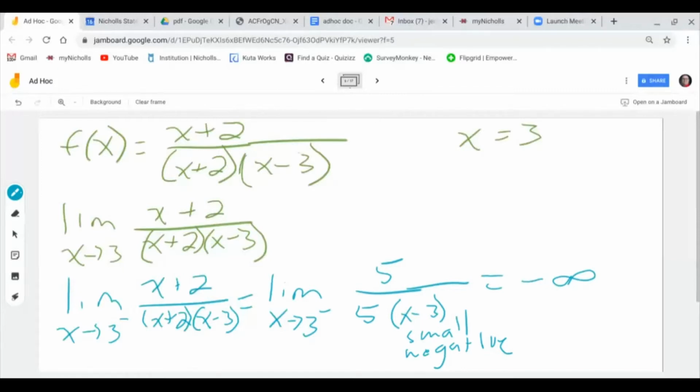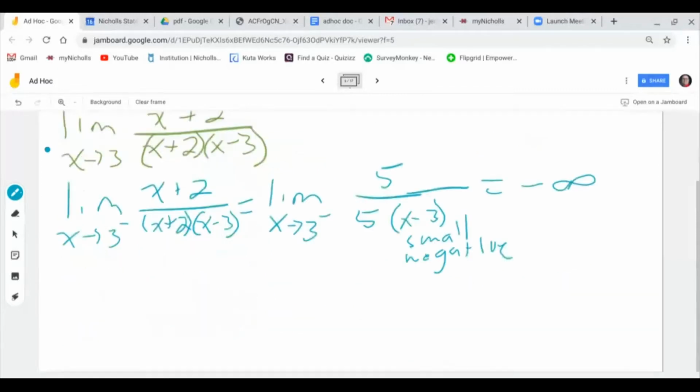Now let's look from the right. Do I have room here? Yeah, I do. Let's go with red. So we're talking about the limit as x approaches 3 from the right of (x + 2) divided by (x + 2)(x - 3).